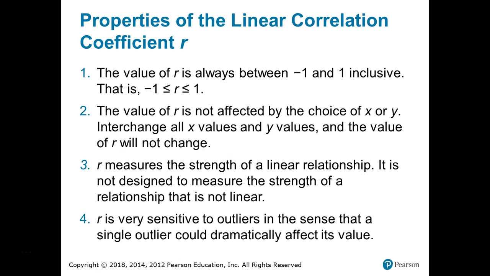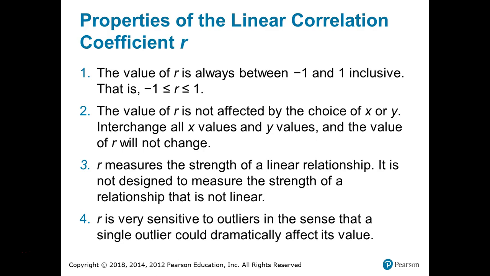Okay. Properties of the linear correlation coefficient R. Like I said before, the value of R is always, always, always between -1 and 1. If you get a value beyond those limits, you did something wrong. Then you're sad. The value of R is not affected by which variable you call X or Y. What I mean by that is you have your two variables, whatever two things you're comparing, whether it be miles per gallon of fuel efficiency versus how fast you're going, it doesn't matter what you call X or what you call Y. R measures the strength of the linear relationship.